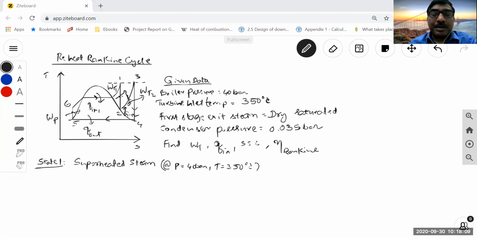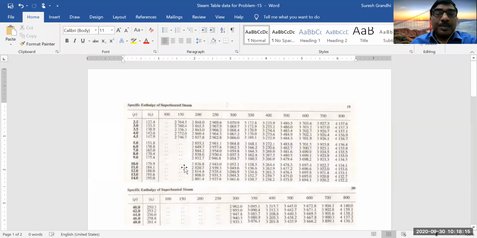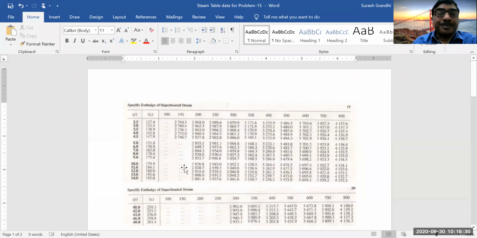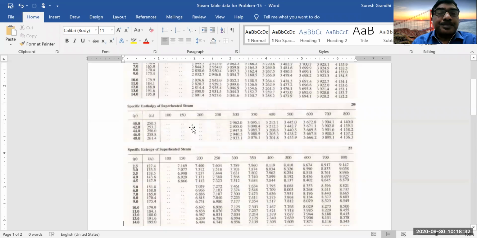From the steam tables that I already supplied to you, I have taken the tables which are required for this particular problem. So superheated steam. See, this is the pressure 40 bar and this is the temperature 350 degrees centigrade.